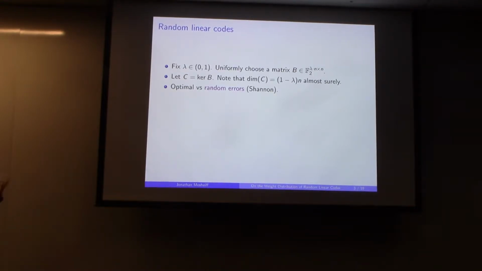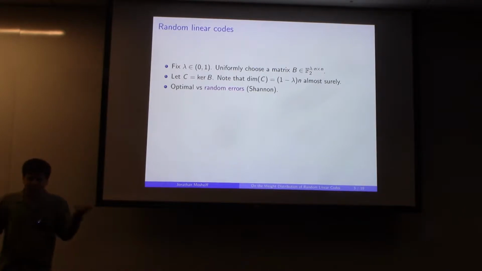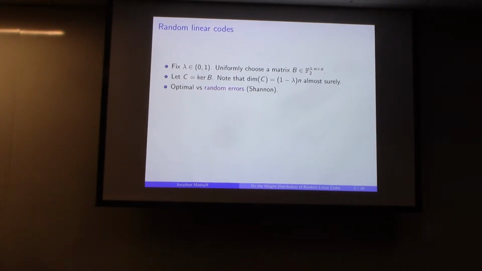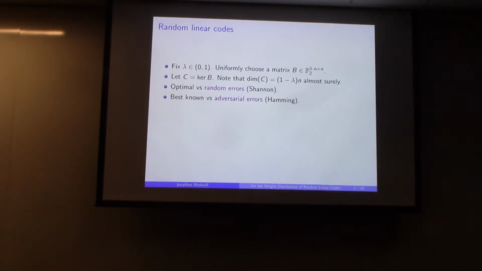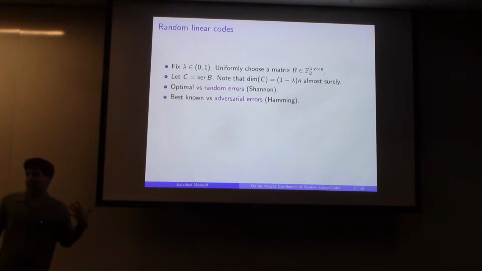These codes are pretty much one of the earliest things that people have done with codes. In the Shannon paradigm, these are known to give you the optimal rate-distance trade-off for random errors. And if you assume that the errors are adversarial, that someone is intentionally trying to prevent Bob and Alice from communicating, so they put the errors exactly on the most important bits, then these codes still give you the best known trade-off today.